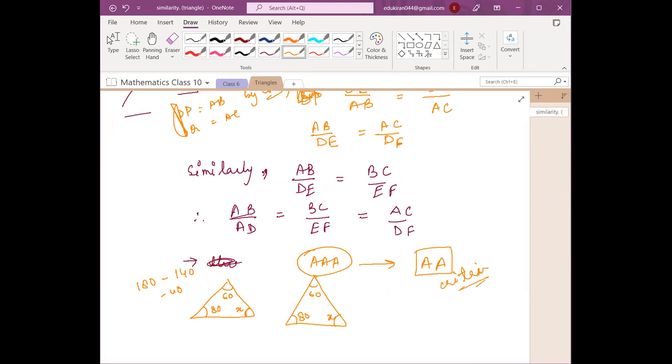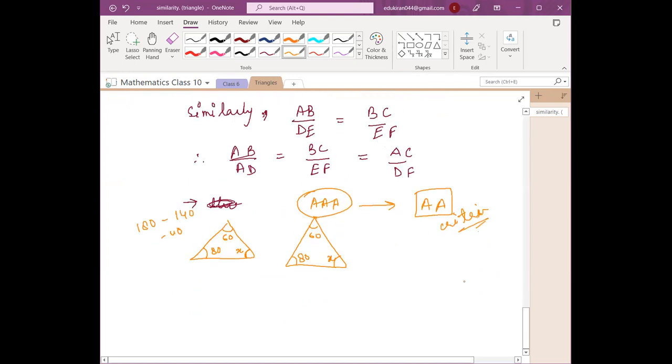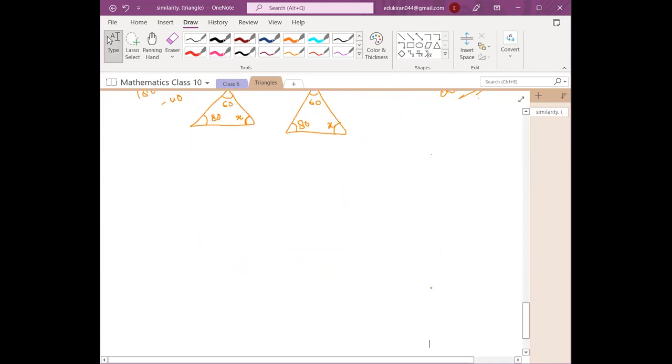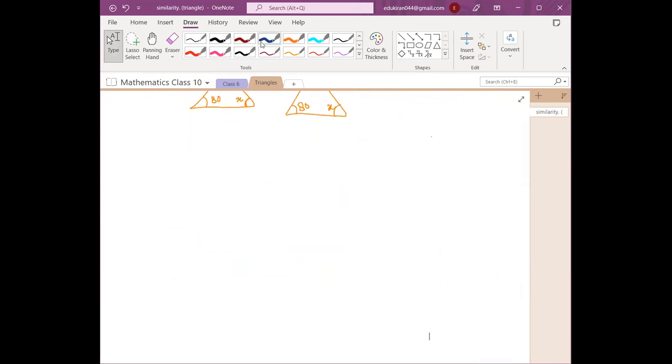Now there are two others. I think I will not prove them, but you should write the statement. Theorem 6.4 now. If in two triangles, let us understand the statement.